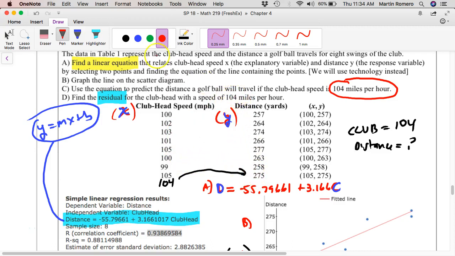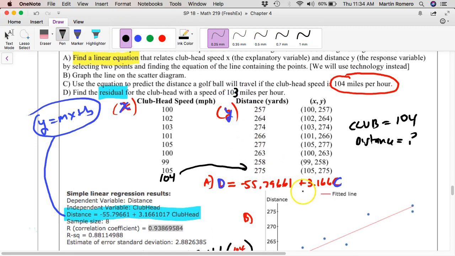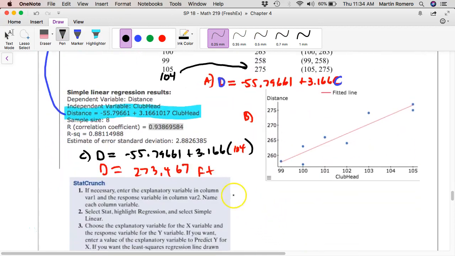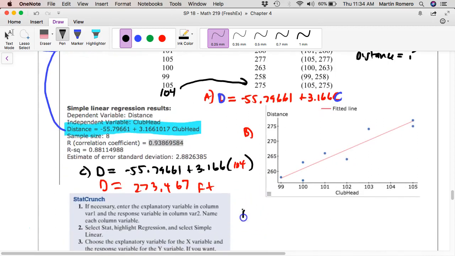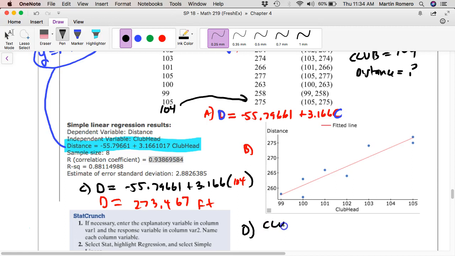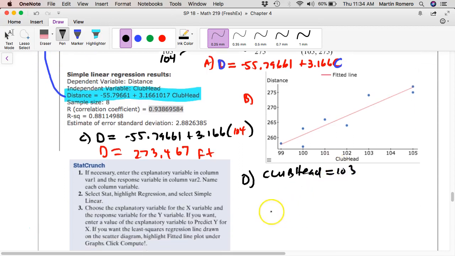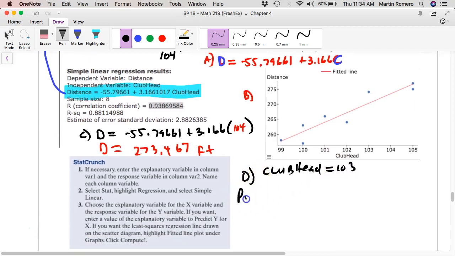So let's make an adjustment real quick. This is 103. So for part D, we're going to use club head equals 103.